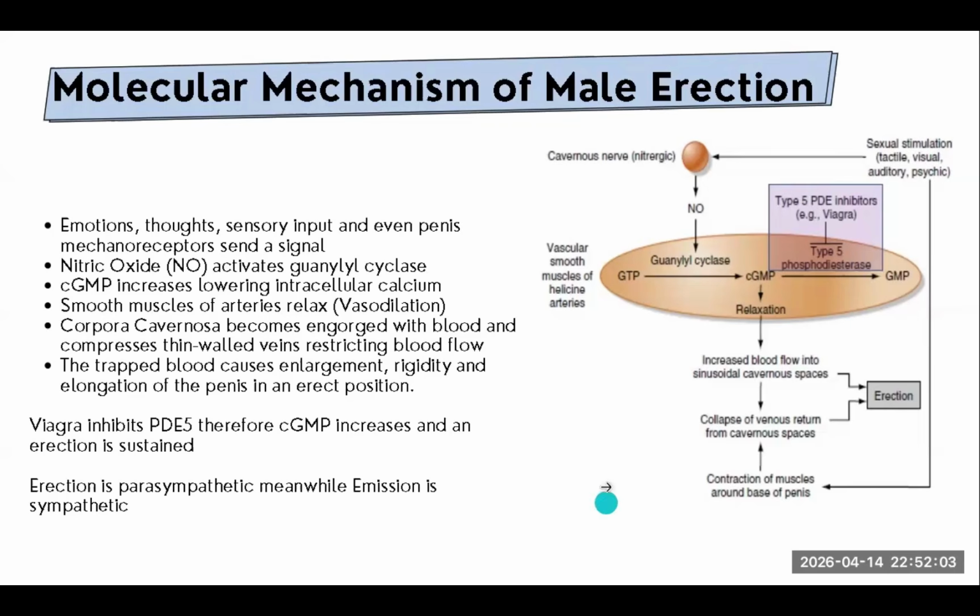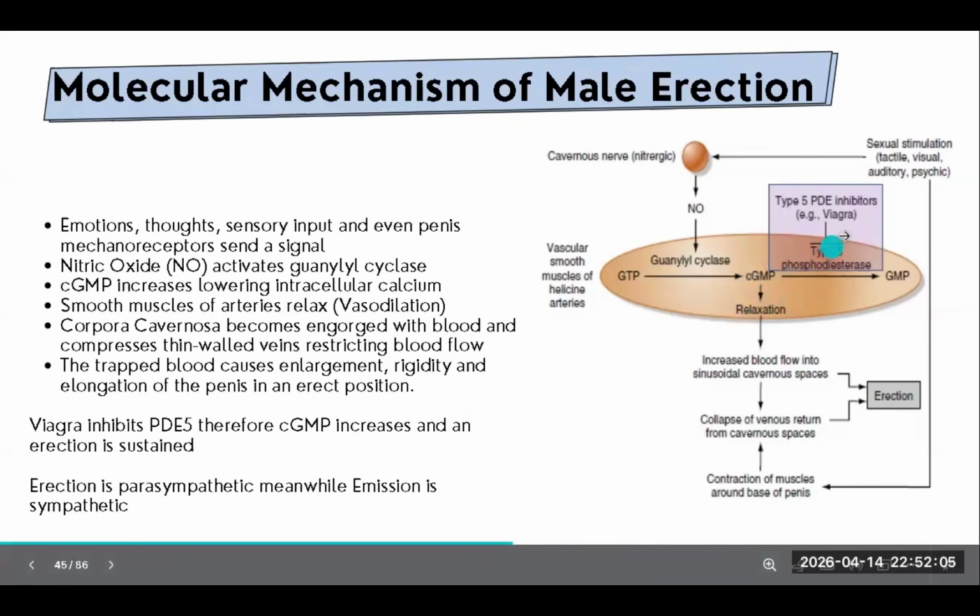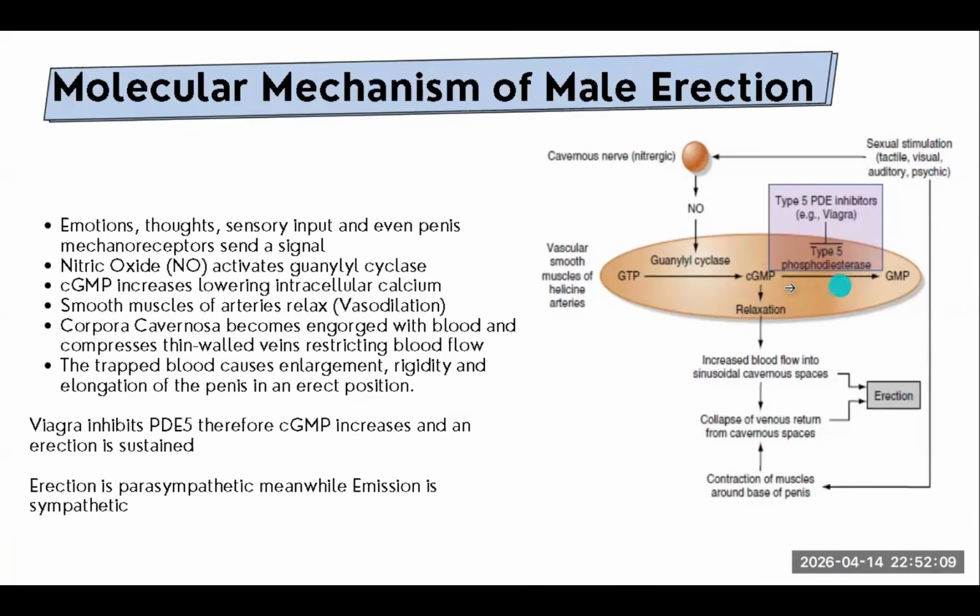Okay? Now, there's a clinical correlation we should mention, which is over here. To end an erection, cyclic GMP must be changed to GMP, and this is done by type 5 phosphodiesterase. If we want to sustain an erection for a longer period of time, then we could technically just inhibit this enzyme.